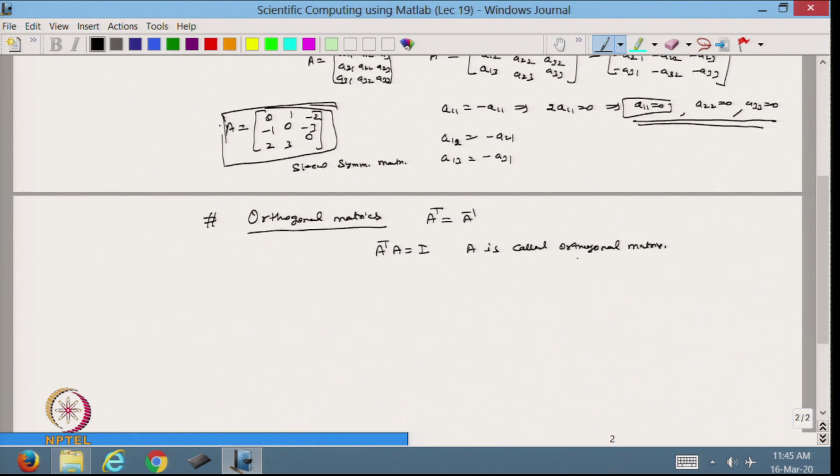Orthogonal means perpendicular to each other, so the column vectors of the matrix will be orthogonal to each other. That is called an orthogonal matrix.